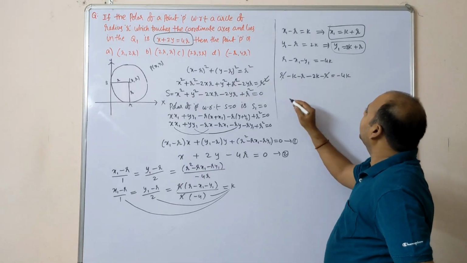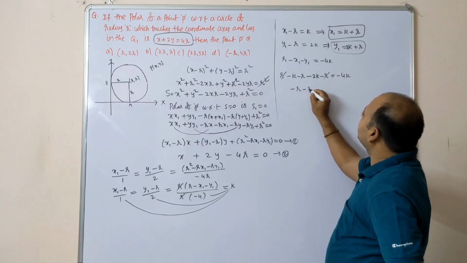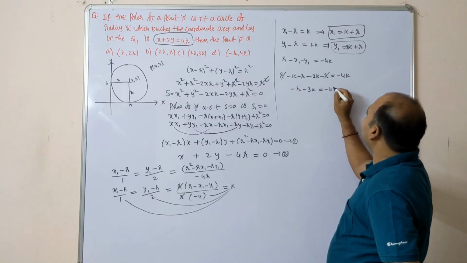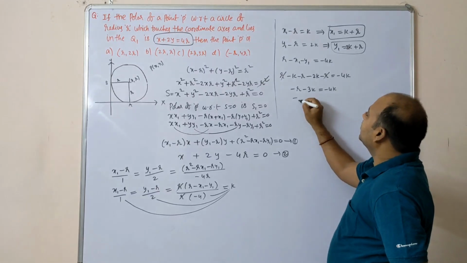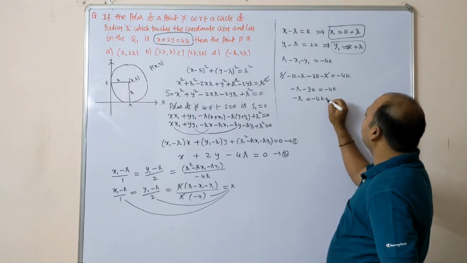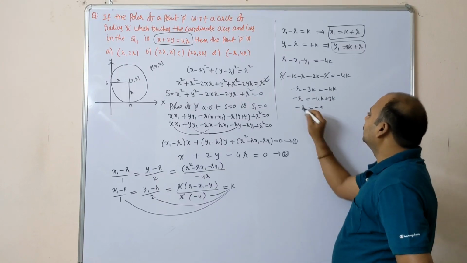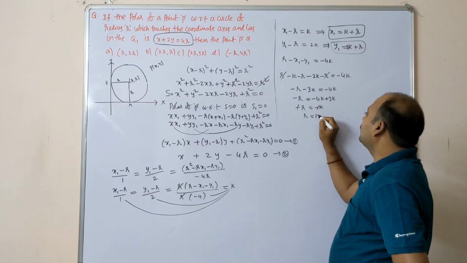Minus r plus r get cancelled. So minus r minus 3k is equal to minus 4k. So minus r is equal to minus 4k plus 3k. Minus r is equal to minus k. r is equal to k.